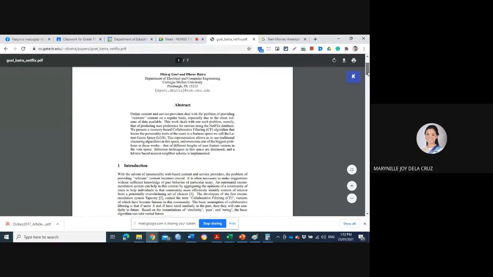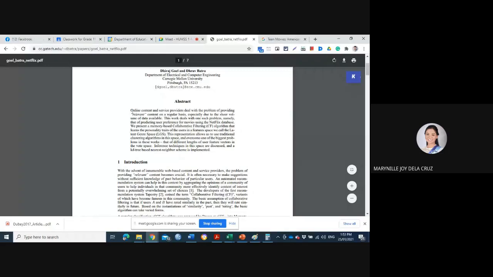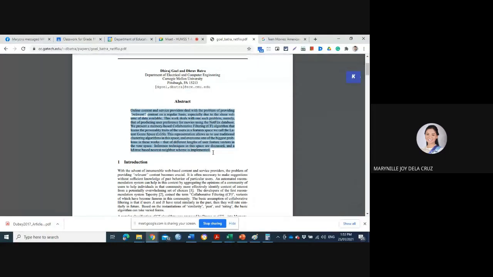Because in Netflix, you can find their different genres when it comes to movies. So you can read the abstract. Once you read the abstract, what do you think is the content of this abstract? For example, online content and service providers deal with the problem of providing relevant content on a regular basis, especially given the sheer volume of data available.